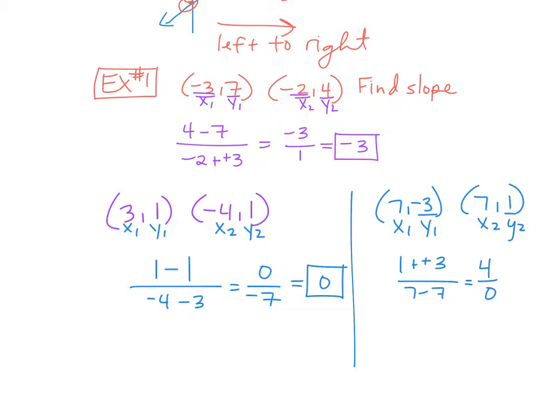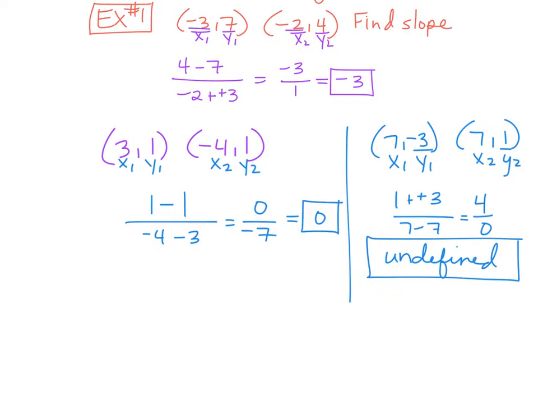That one you cannot. You cannot divide by 0, so we would say this is undefined. If you're not sure which one is okay and which one's not, plug it into your calculator. If you plug in 4 divided by 0, it's going to give you some sort of error message because you can't do it.